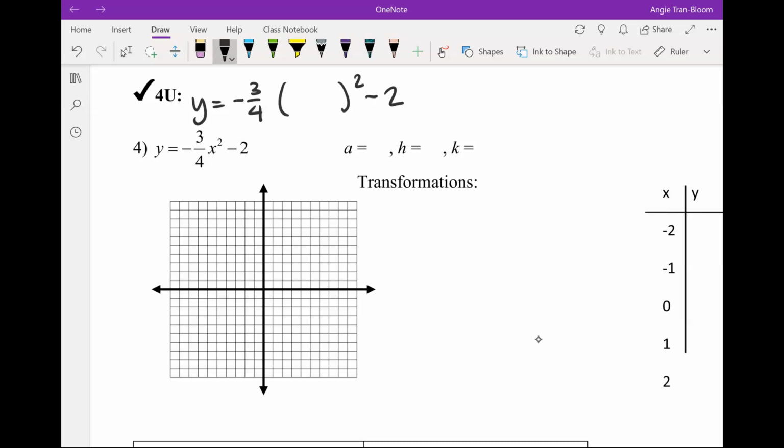What goes in there? I have an x already, but what's in there? x minus... there's nothing here. Can you see that this is really x minus 0, or x plus 0, it doesn't matter. So when you don't see a quantity, your h value is what? 0. When you do not see a quantity, your h value is 0.